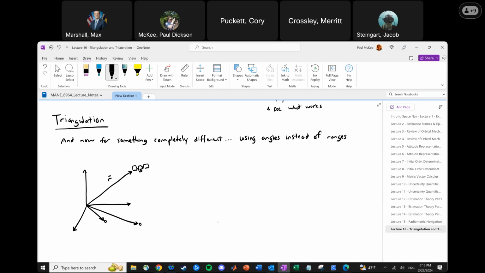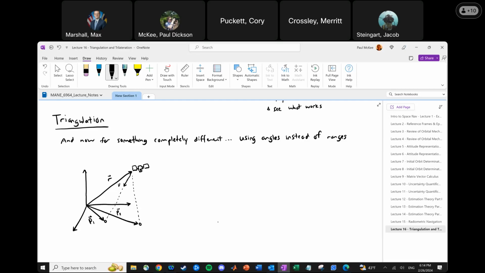So we've got some point on the surface, and we could think of this as a point that's been placed here, like an observation station, or it could be the vector to just some crater on the surface of the moon or some landmark on the surface of Mars. But we've got 2 points here, and then let's say that we've got line of sights, where in this case, we've got a vector that looks like this.